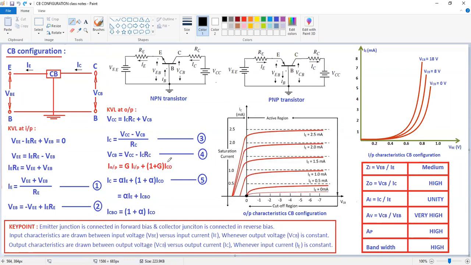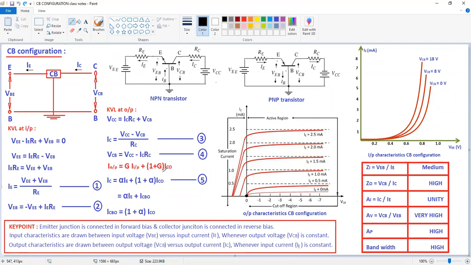Once again I repeat this equation. Output current is equal to the gain into input current plus 1 plus gain into reverse saturation current, represented with IC naught.